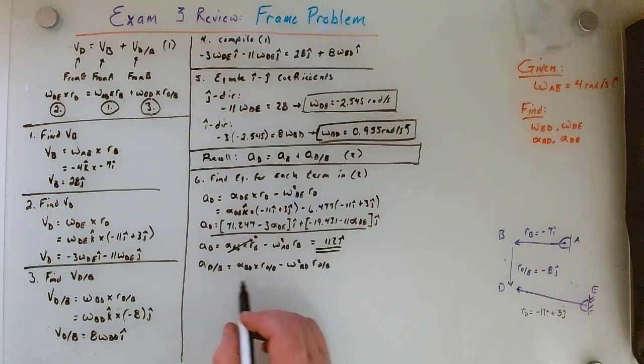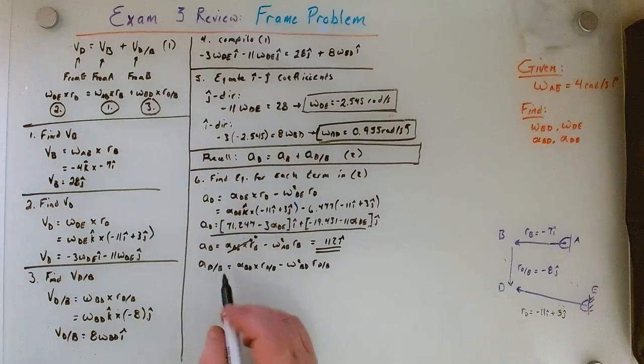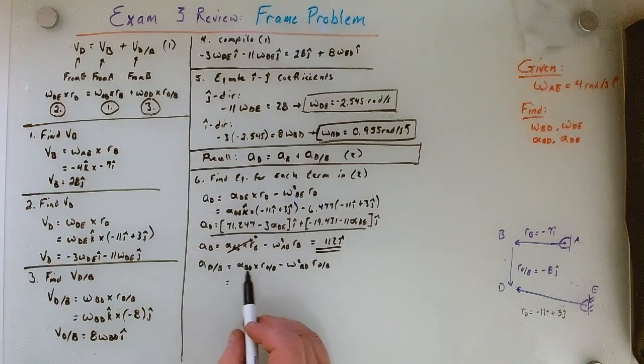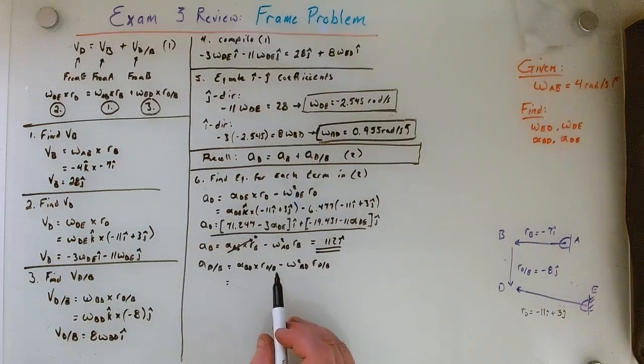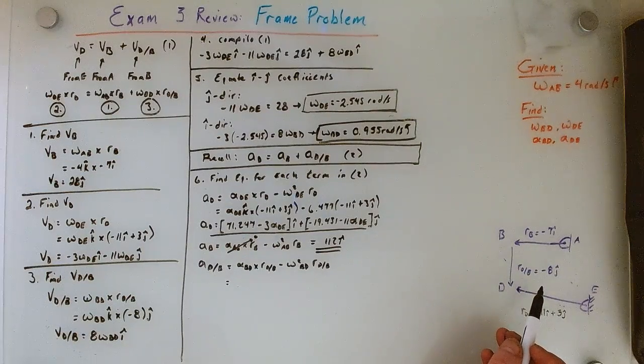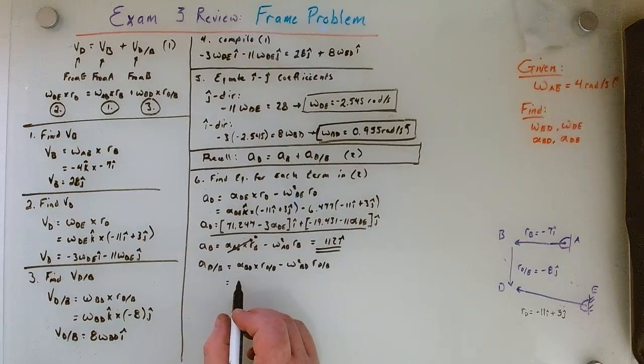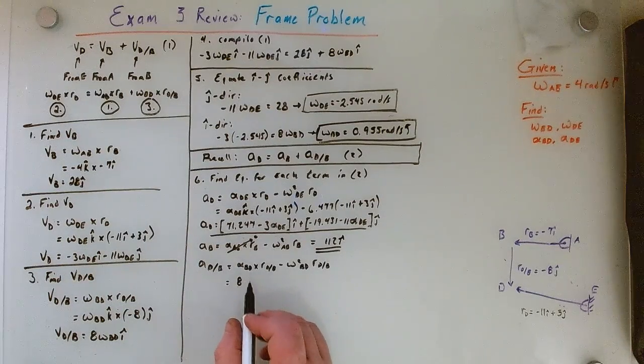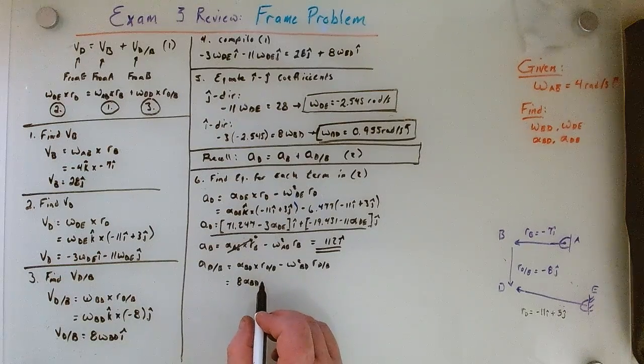Okay, and D with respect to B is just minus J, so what is this? This is alpha, this is K crossed minus J, which is I, right? So that is equal to 8 alpha BD in the I direction, right?